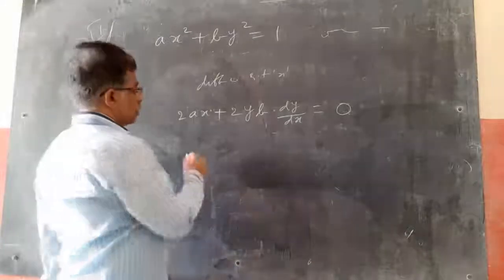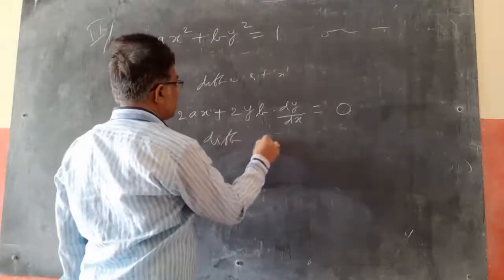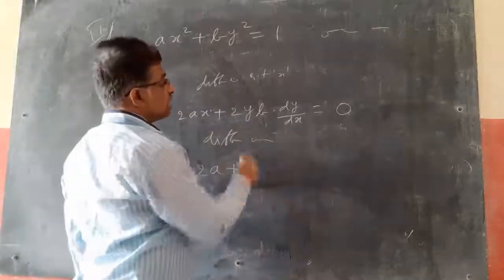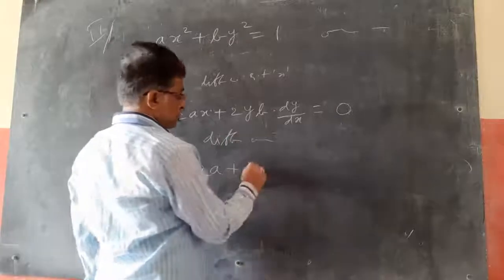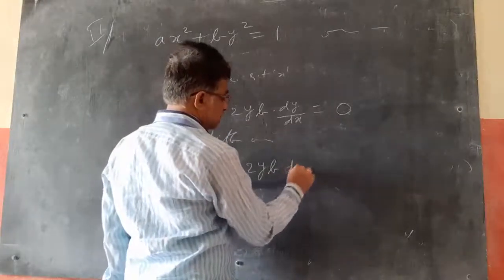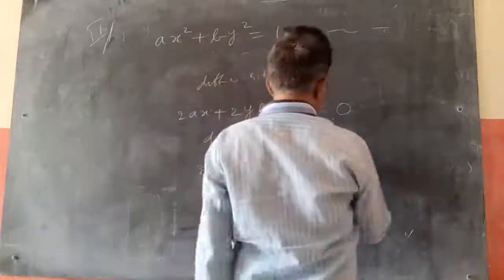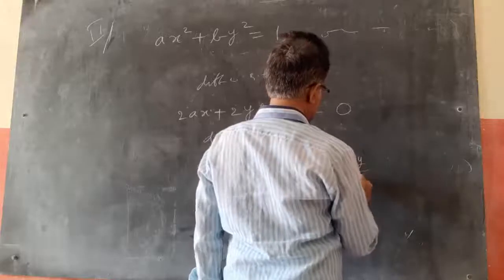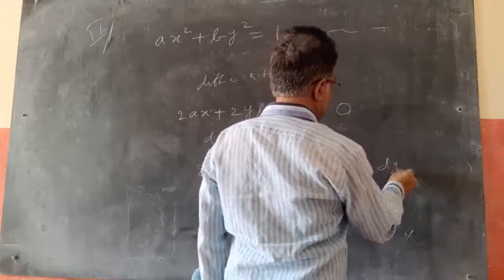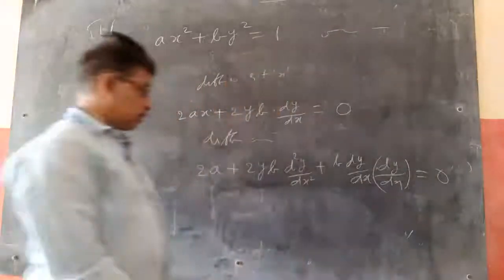Now again with respect to x, the derivative of 2ax is 2a, plus this is the UV rule: 2yb into the derivative of dy by dx, which is d square y by dx square, plus b into dy by dx into the derivative of y, which is dy by dx whole square, equal to 0.